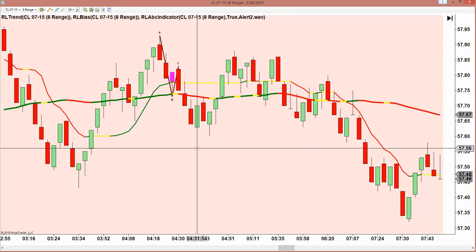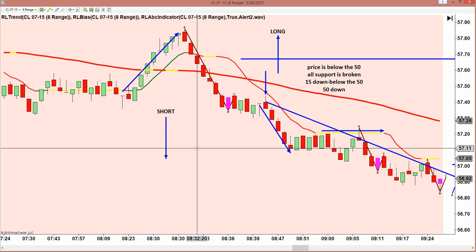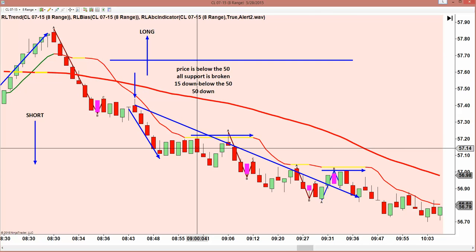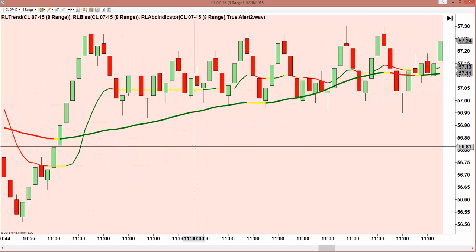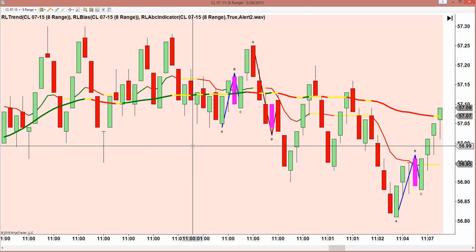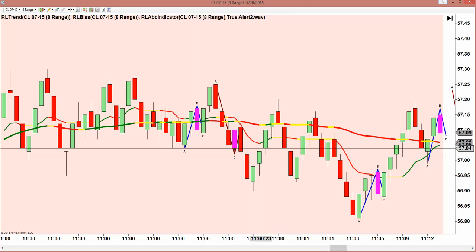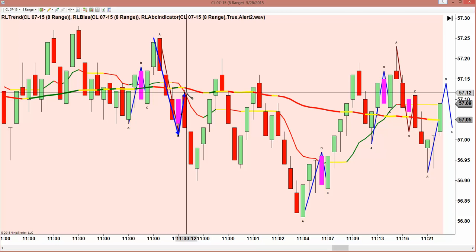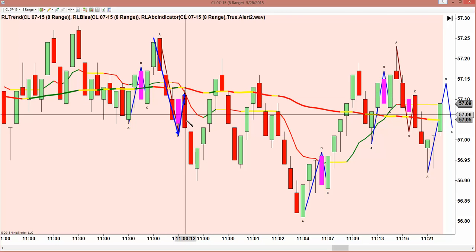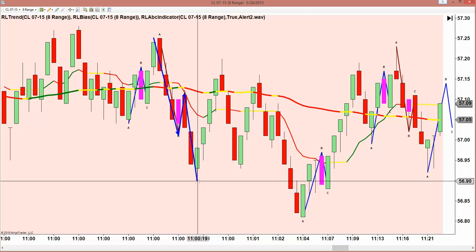We get beautiful ABCs on crude. And here's a nice ABC right here: the move to the downside, up, and the move to the continuation down.